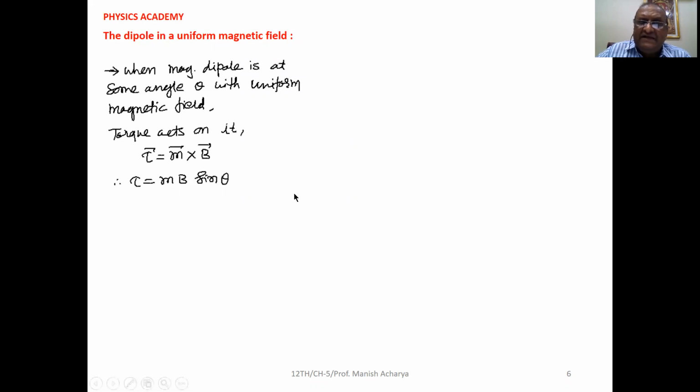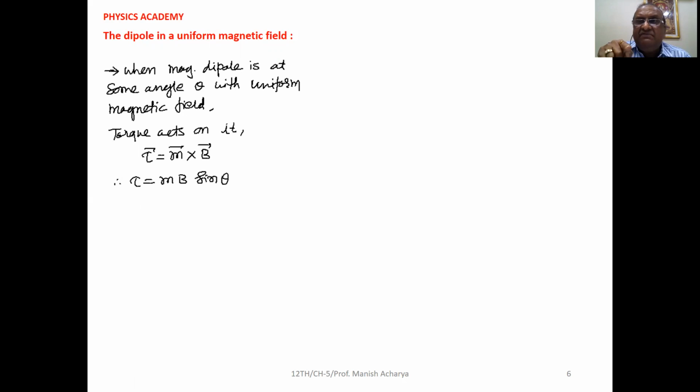If it is at some angle theta, then the torque acting on it is tau equal to magnetic moment M cross magnetic field B. Magnitude wise, the torque is MB sine theta. Under the effect of this torque, the dipole will rotate in such a way that theta decreases.